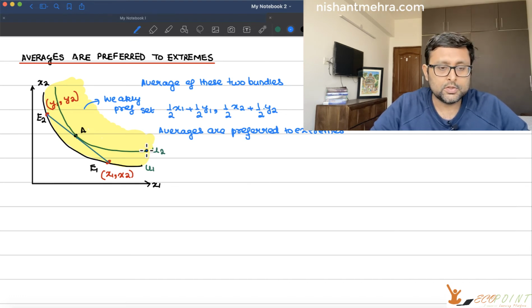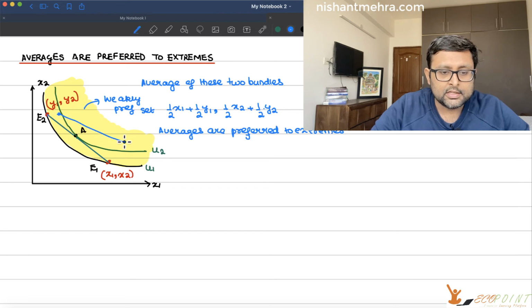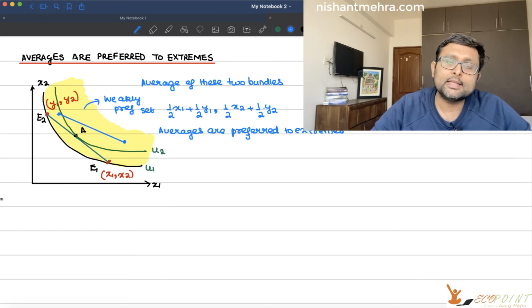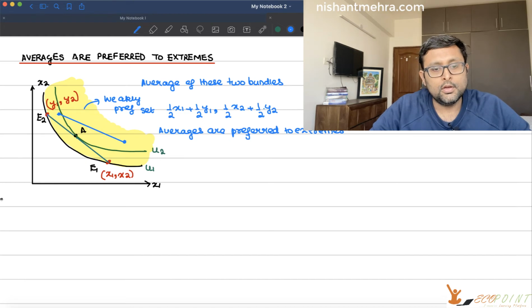Now, what do you mean by this? A convex set has the property that you pick any two points in this set and join them by a line segment, and that line segment lies entirely within the set.